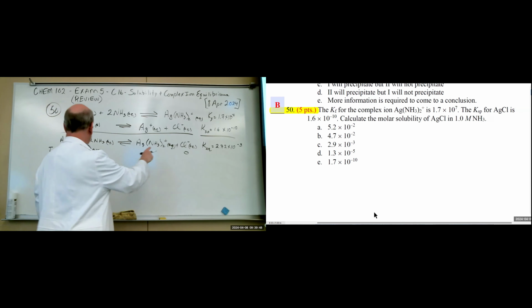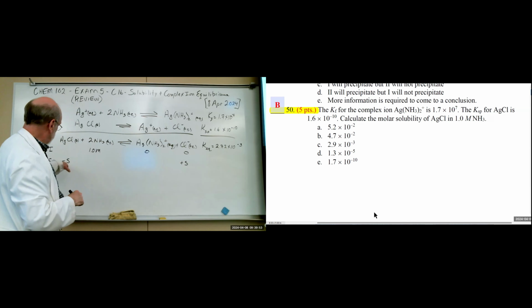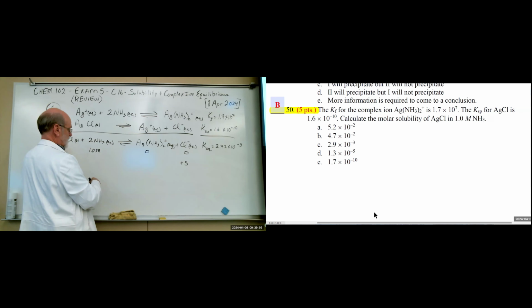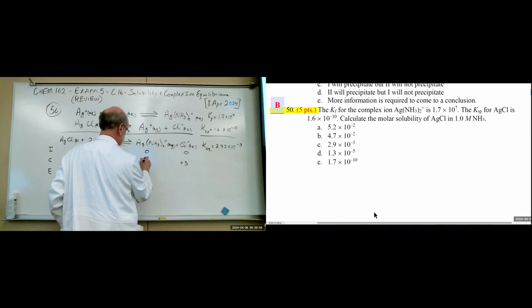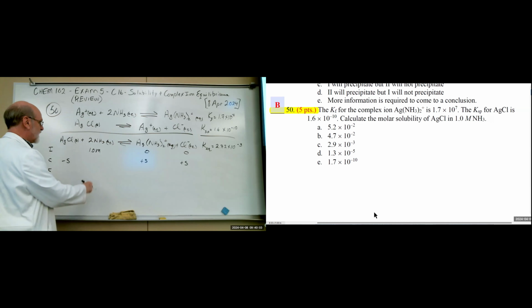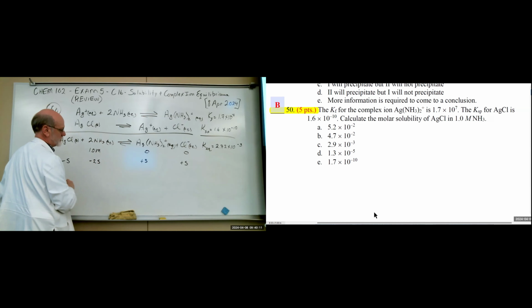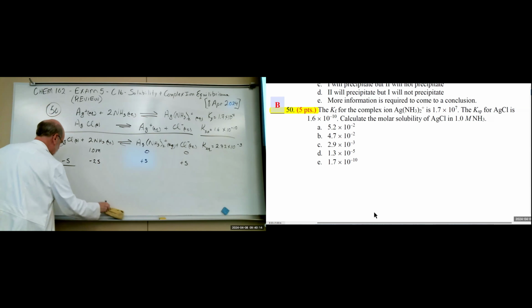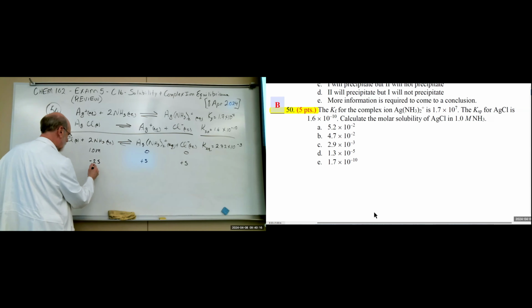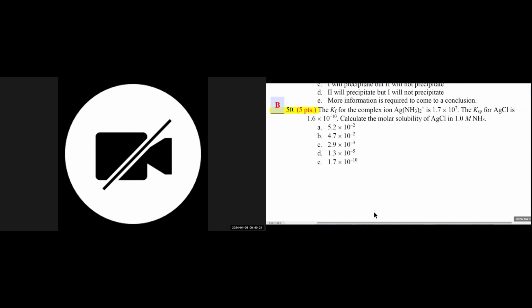And how many of these are we going to get? Same number. But if we lose one of these, well, we still only get one of these, right? Because it's one of those, one of these. But how many of these are we going to lose? Right? For every one of these, you lose 2 of those. There we go. So our equilibrium is 1 minus 2s. This is S, and this is S.